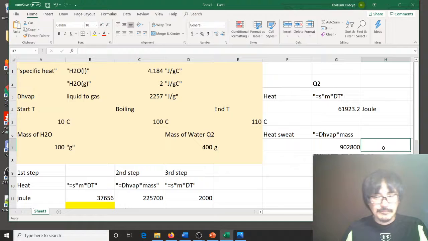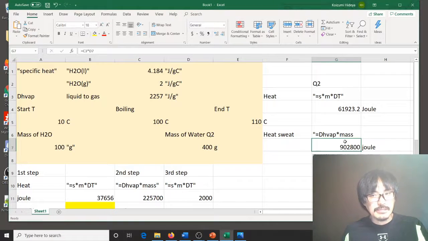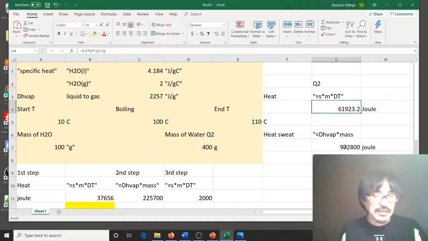That's it, in joules. It looks like this number is much bigger than this number. So sweating is going to be more effective at cooling down your body than drinking 400 milliliters of ice cold water.